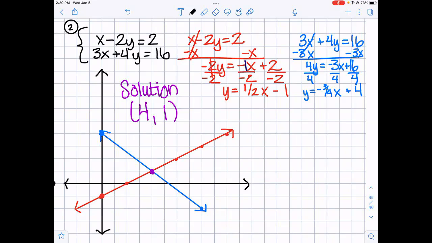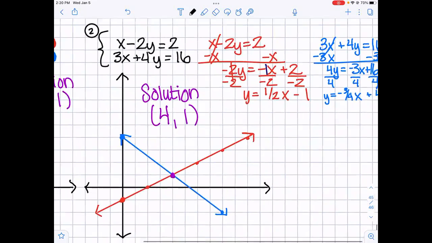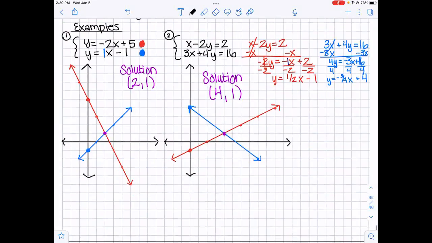All right, so everybody got this down. Let's talk about another problem. In these first two problems, what happened? They meet at 1 point, right? Now we need to talk about what happens if they don't ever cross or they're the same exact line.